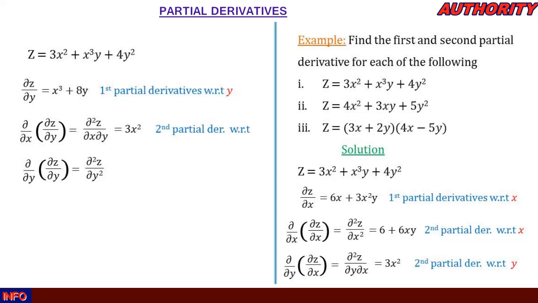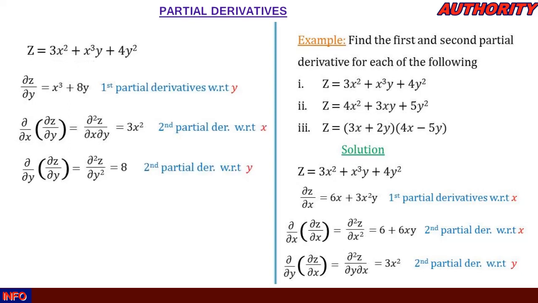So x cubed gives us 0, because we take x cubed as a constant, and differentiating 8y with respect to y gives us 8. So the second partial derivative of this function with respect to y is equal to 8.